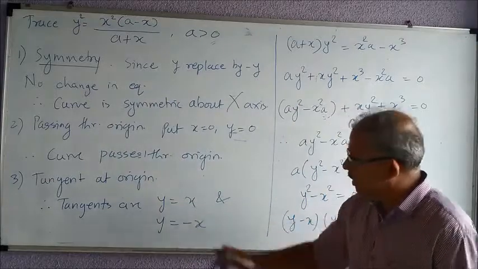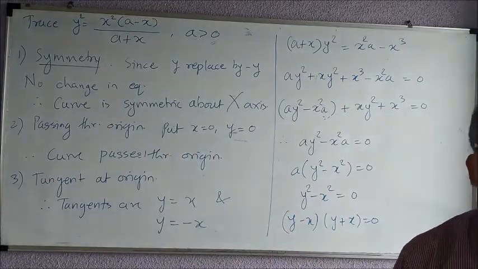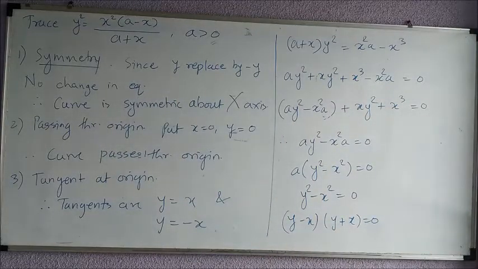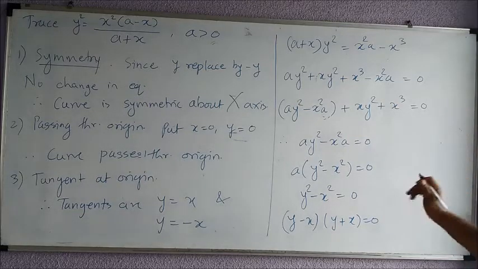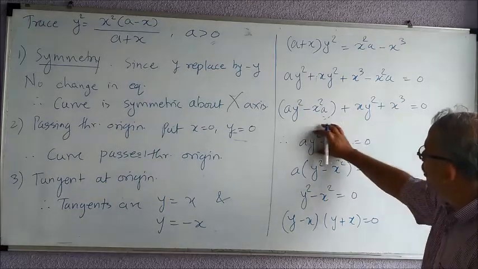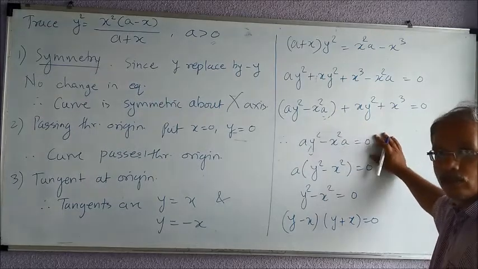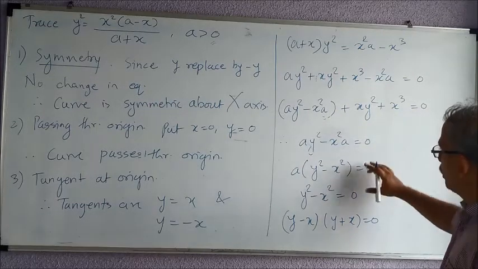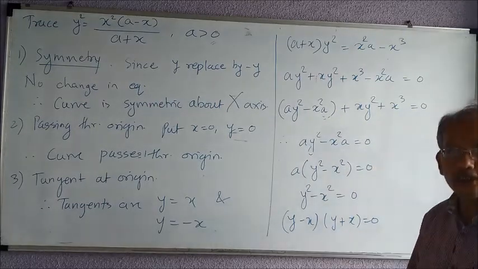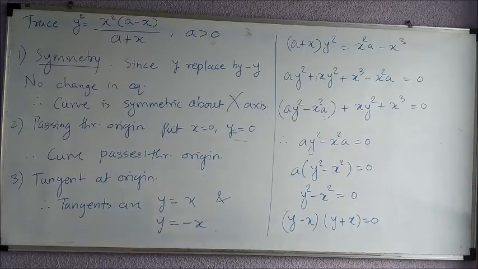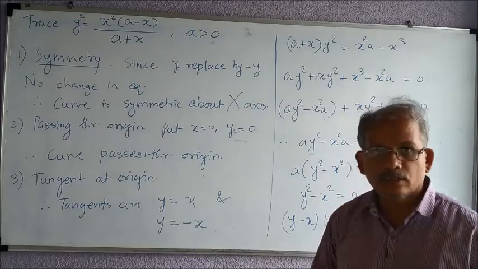So these two lines are the tangents to the curve at origin. Okay, remember this. Here we have equated the lowest degree term to 0. This is by Newton's method, and we have got the equation of tangent at origin. Remember.